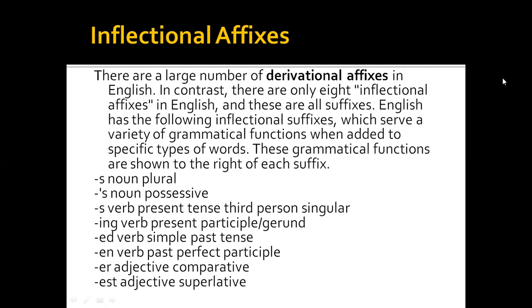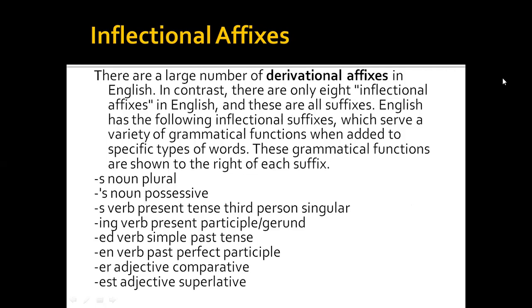And on the other side, inflectional affixes. There are a large number of derivational affixes in English. In contrast, there are only 8 inflectional affixes in English, and these are all suffixes.